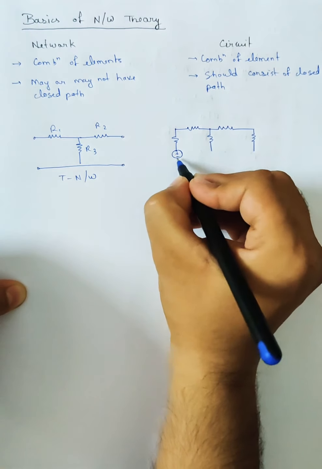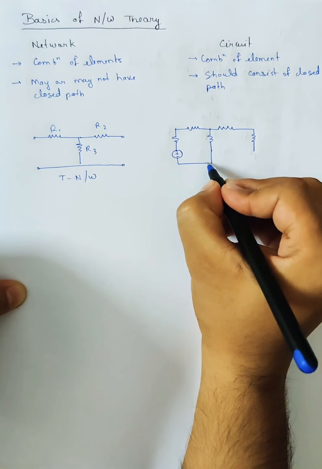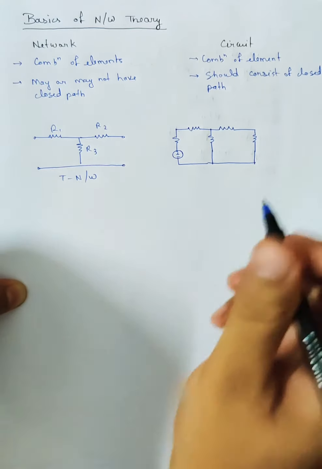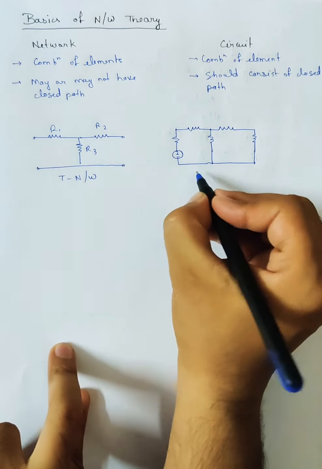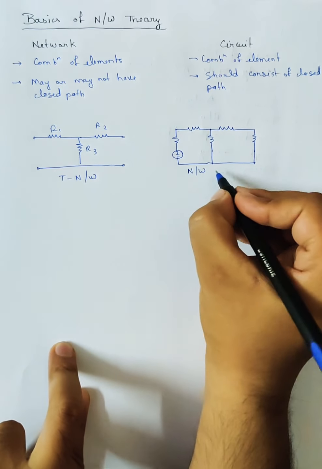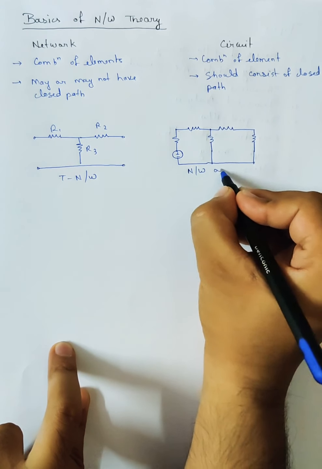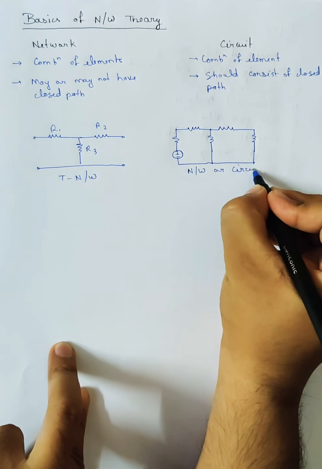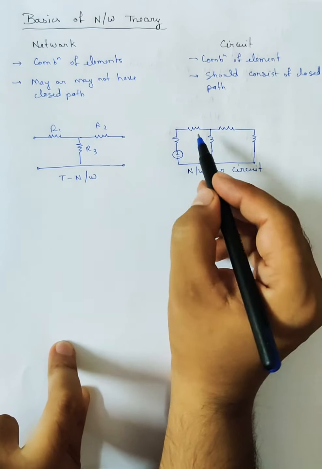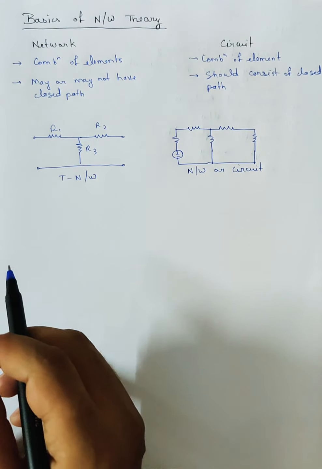This is the voltage source. This is a network as well as a circuit, as it consists of a closed path.